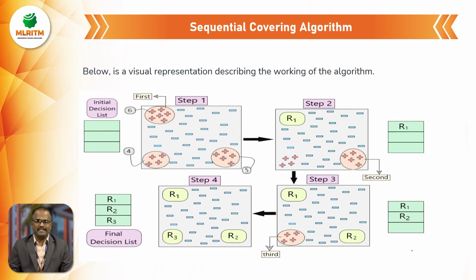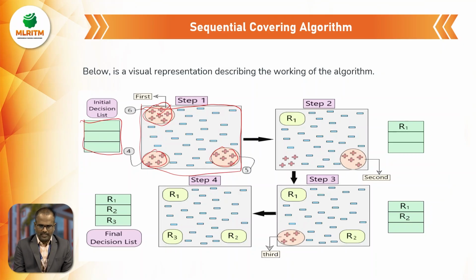By observing this image, we can easily understand how the sequential covering algorithm works. This is the data set. This data set contains both positive examples and negative examples. Here the positive examples are rounded. In the initial stage, this is the empty rule set.